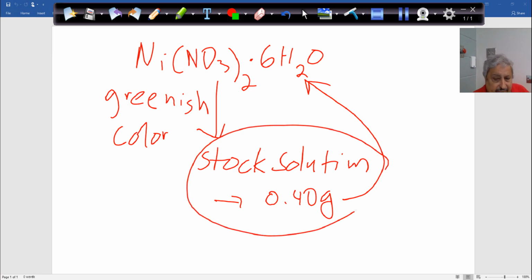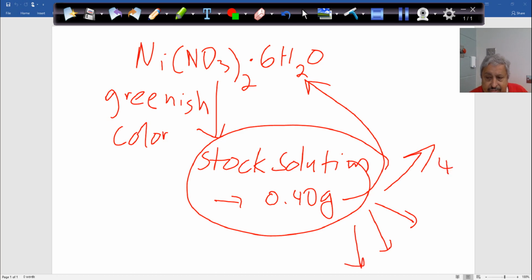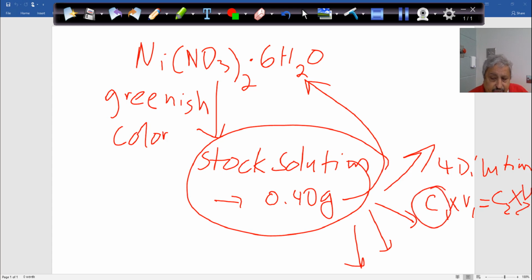That's the main one. Out of this main one, we'll make 4 more dilutions using the dilution law formula, C1V1 equals C2V2. C1 is the concentrated one, and volume of the concentrated one. This is the diluted one. Okay, guys?